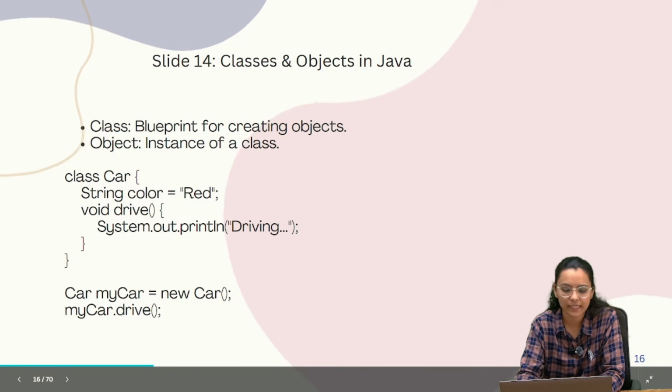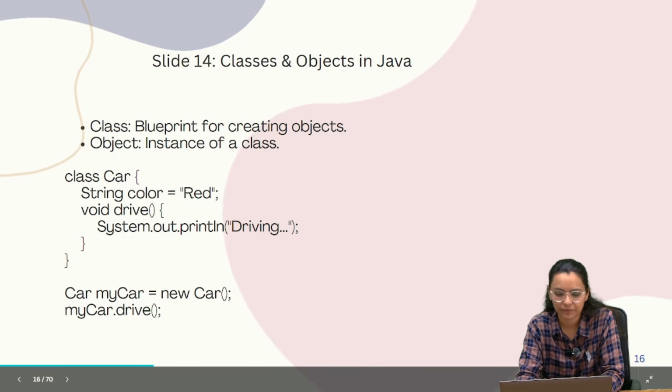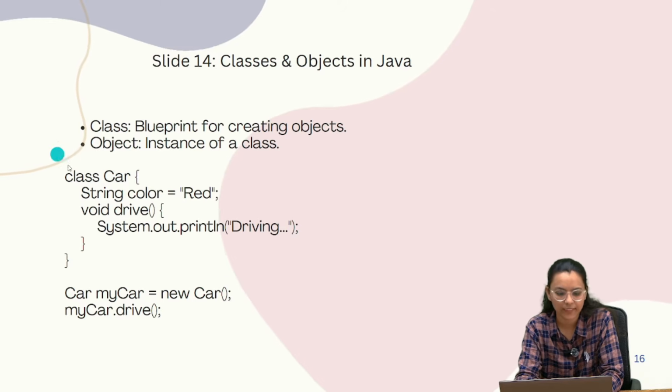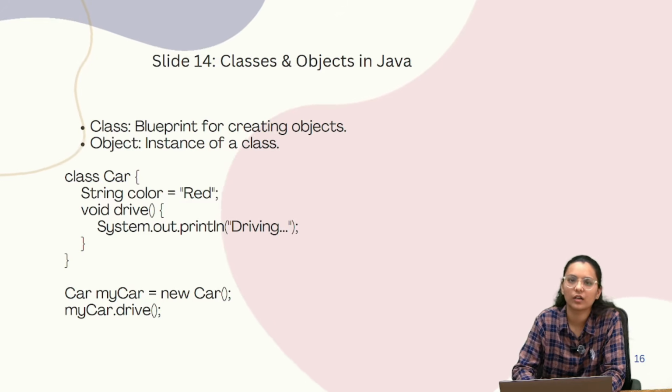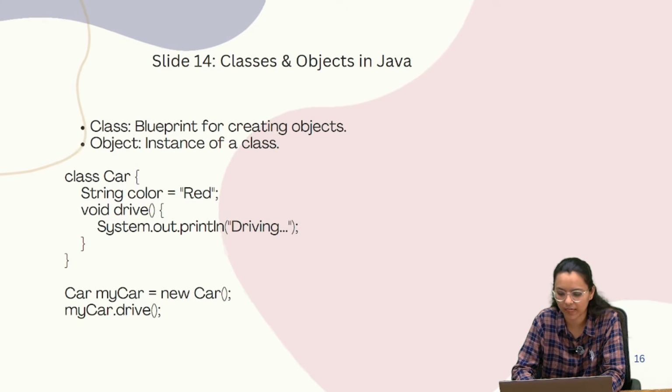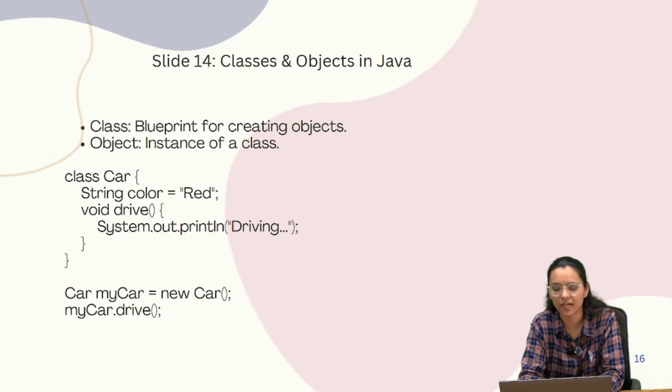So let's see the example given here. Class car. Imagine you are designing a blueprint of a car. The blueprint defines how the car should look and what it should do, but it is not an actual car.